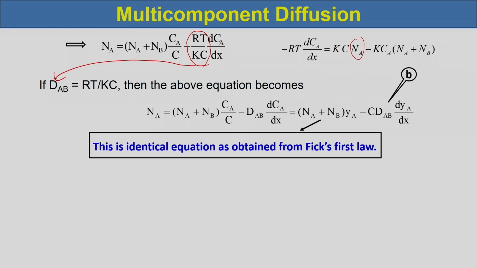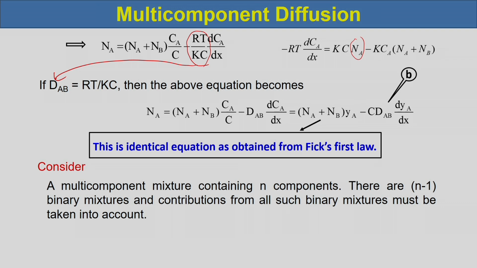So, this is an identical equation to the one obtained from Fick's first law. Now, if we consider a multi-component mixture containing n components, then there would be n minus 1 binary mixtures, and the contribution from all such binary mixtures must be taken into account.